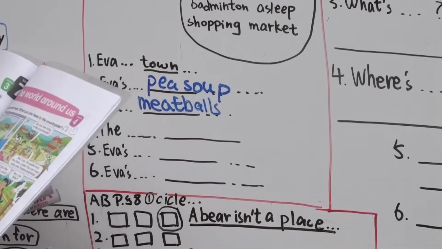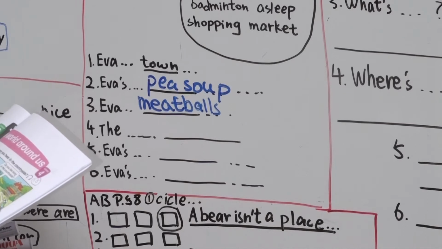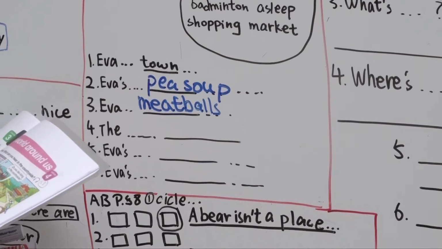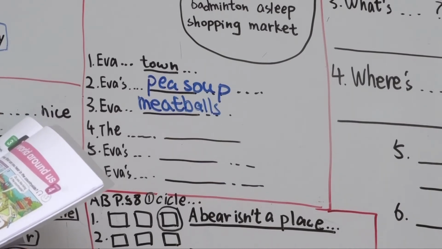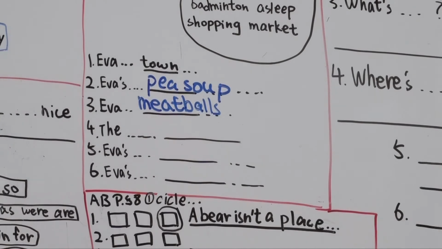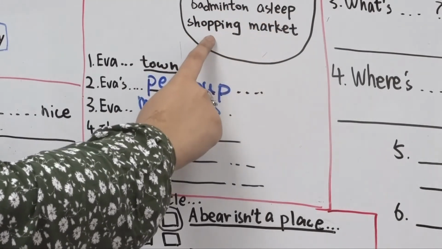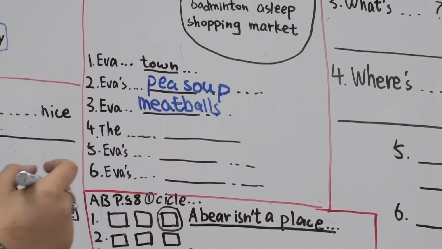Number 4, keep reading. The family bought some fruit and a swimsuit at the space. Walk, tennis, badminton, asleep, shopping, or market. So it is talking about a place, right? It is market.